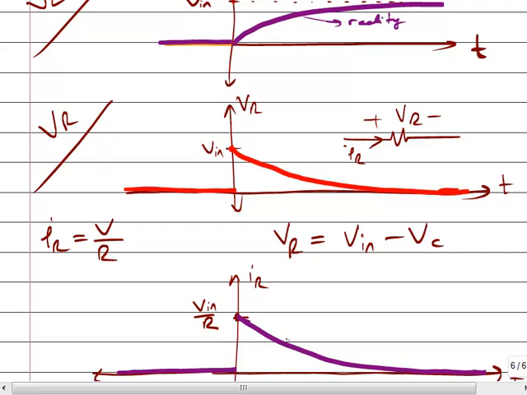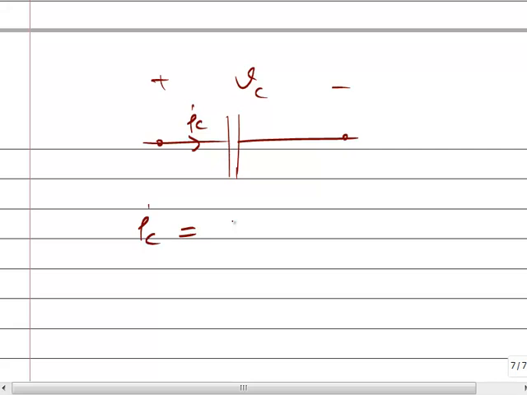There is a relationship between the voltage and current, and that relationship is this. The capacitor voltage, current: the current of the capacitor is the value of the capacitance times the derivative of the voltage.